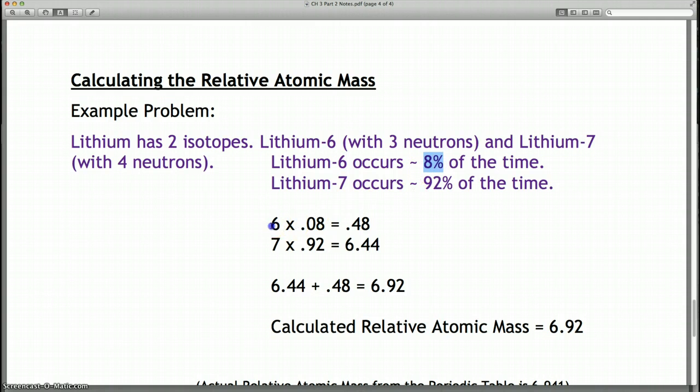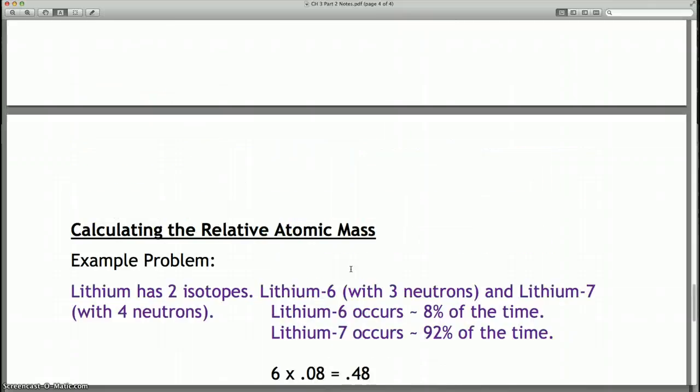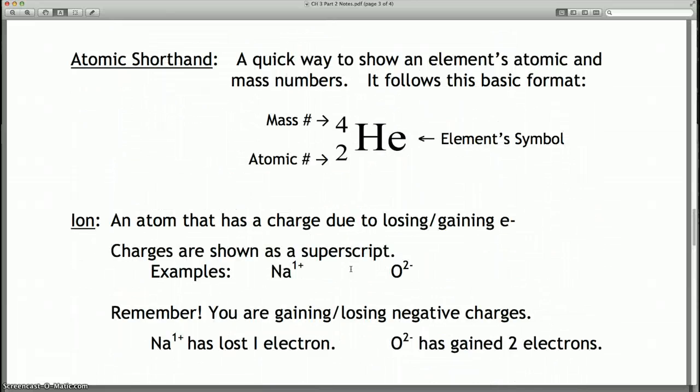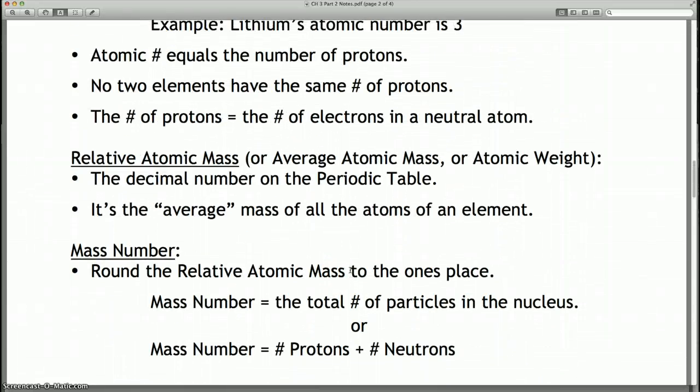So 6 times 0.08. We get a number. We do that for the other isotope. 7 times the percentage written as a decimal. So 7 times 0.92. We get a number. And then we just add those 2 numbers. Now some people get a little confused because they see that word average. Remember, one of the names of this number is average atomic mass.